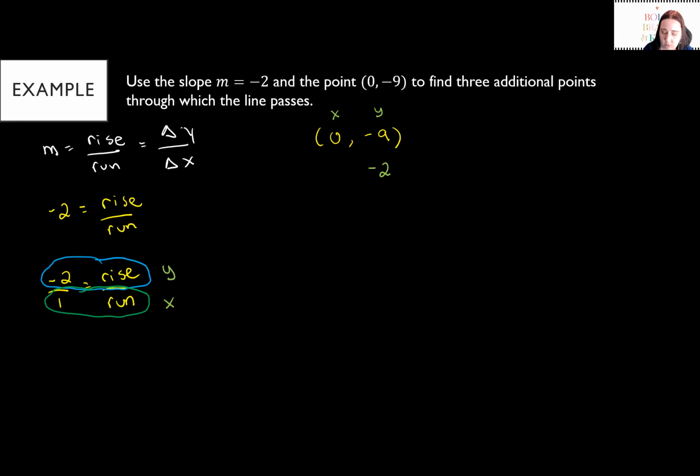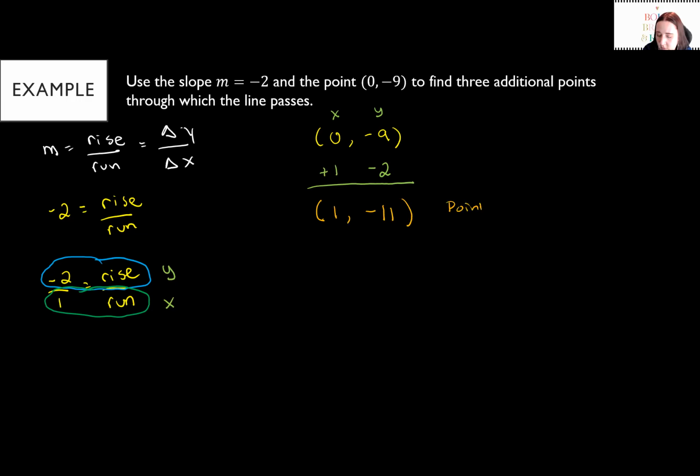And then X, we've got a 1, so we're adding 1 to the X value. And that gives you a second ordered pair. So that will give you 1. And then -9 minus 2 is -11. So you have another point.